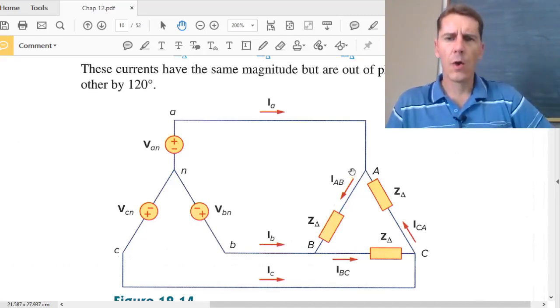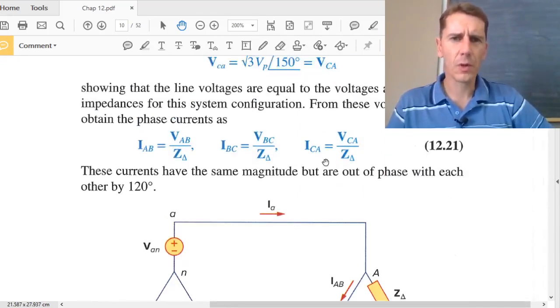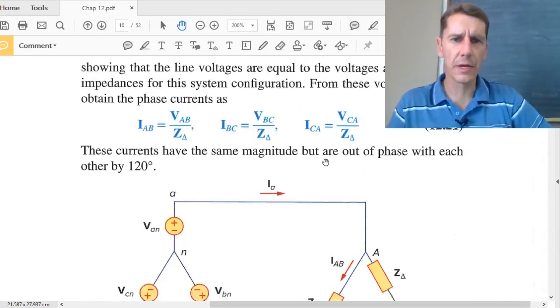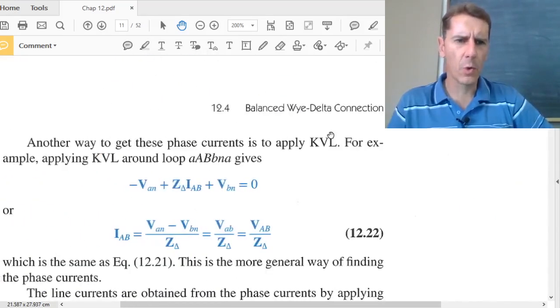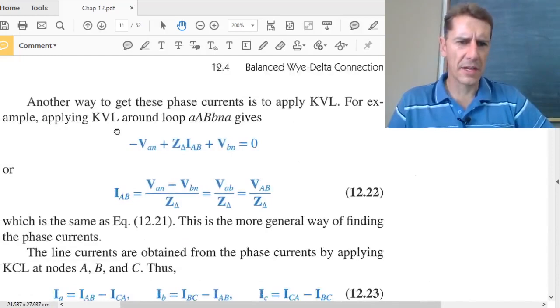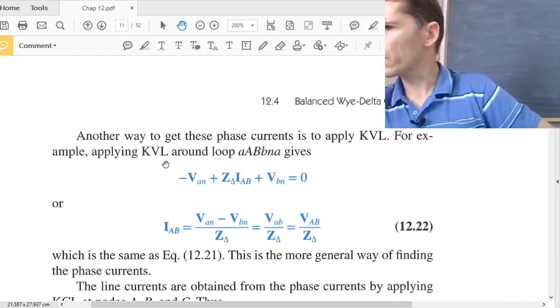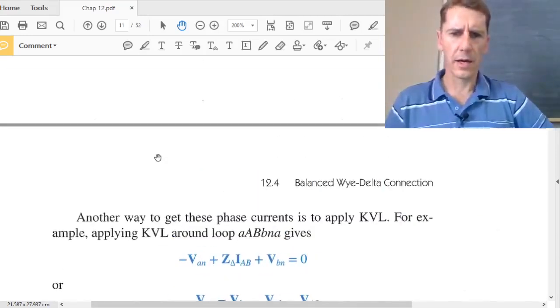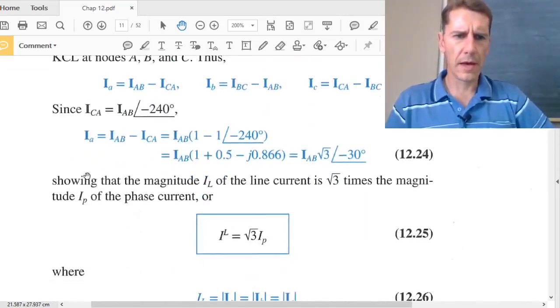What do we call those currents? Now the textbook calls these three currents phase currents, which I don't like. On the second page, they talk about the phase current, IP.